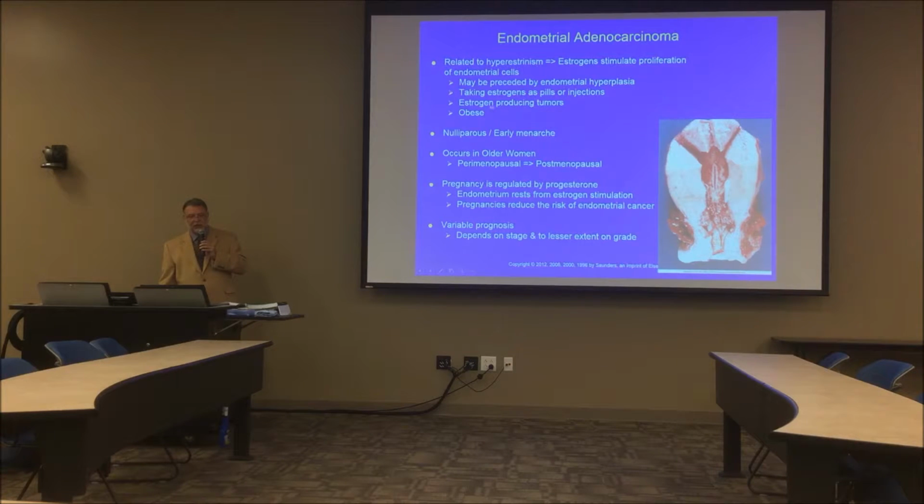These are tumors that will be producing estrogen, or the patient is taking estrogen as pills or injection. And typically they are preceded by endometrial hyperplasia. People who have not been pregnant or had an early menarche are typically more at risk, and it occurs typically in older women, either perimenopausal and then into postmenopausal.